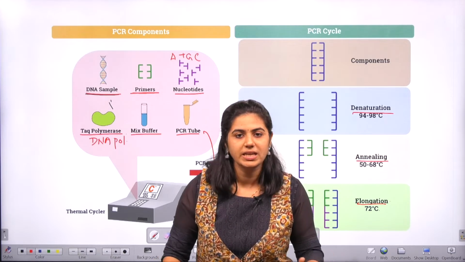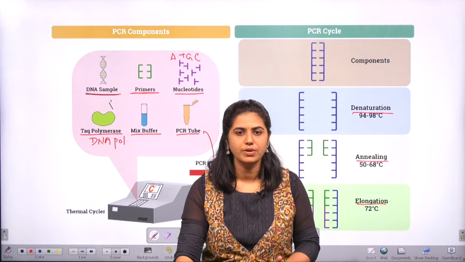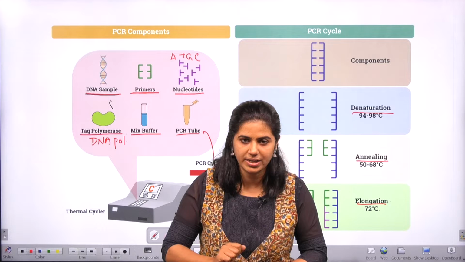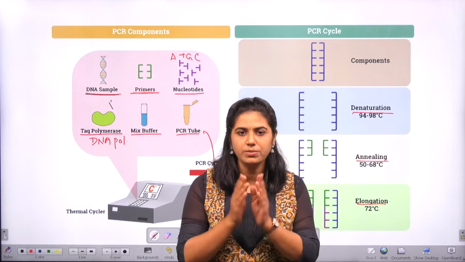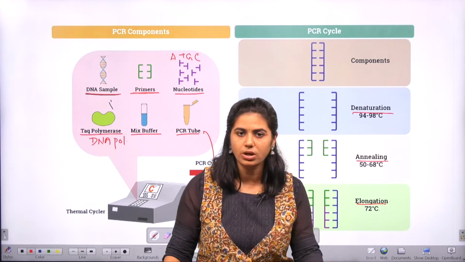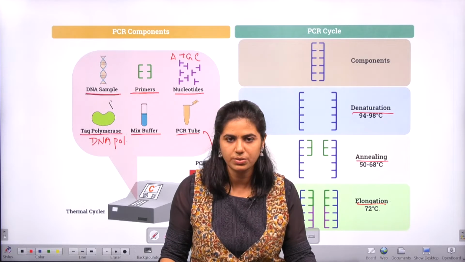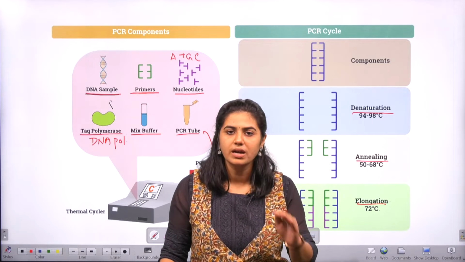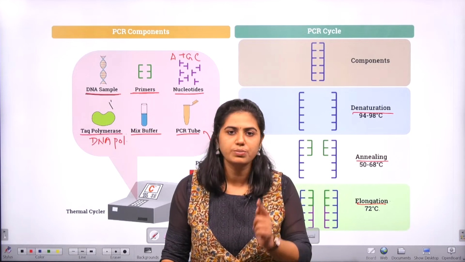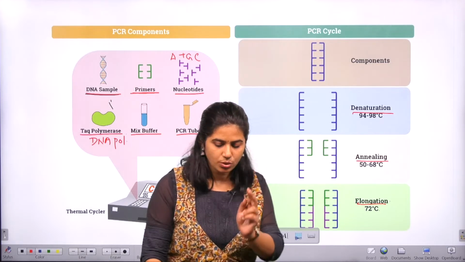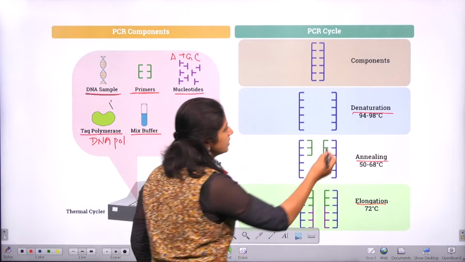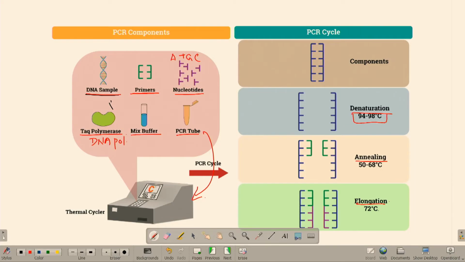While studying DNA replication, what we do is unwind the DNA, right? Unwinding DNA is nothing but breaking the hydrogen bonds between the 2 strands. That's called denaturation. It's called denaturation because here we apply a high temperature to break the hydrogen bonds between the 2 strands of a DNA. So the optimal temperature that we use is around 94 to 98 degrees Celsius.